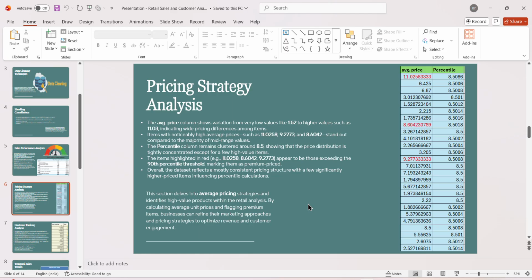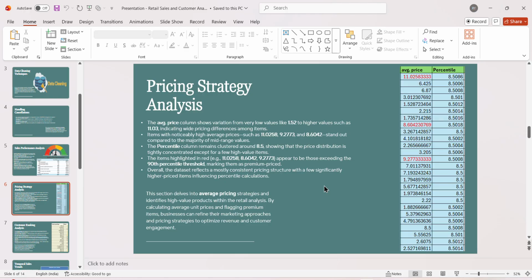The percentile column remains clustered around 8.5, showing that the price distribution is tightly concentrated except for a few high value items. The items highlighted in red are those exceeding the 90th percentile, as we discussed.